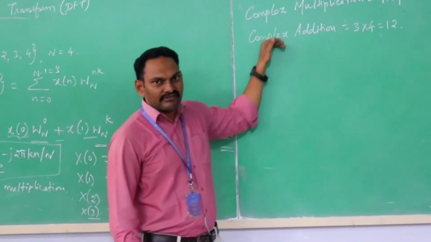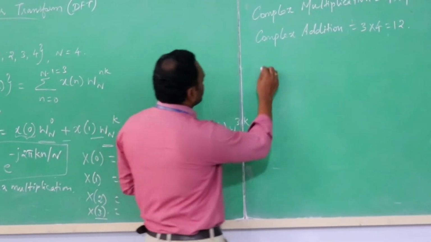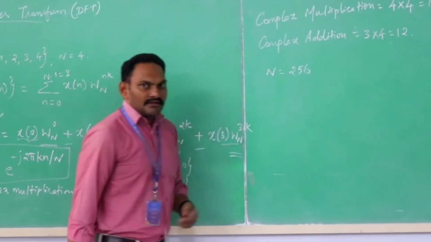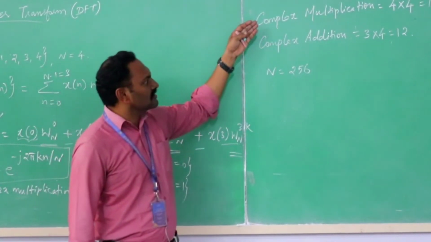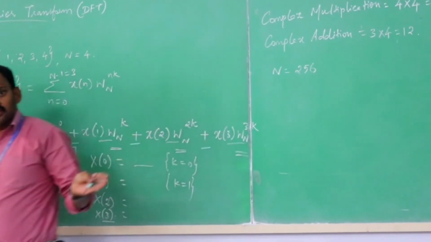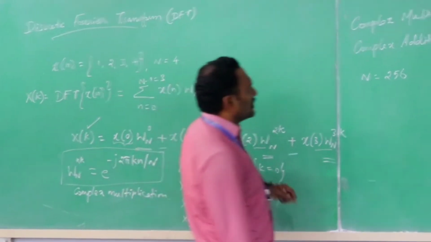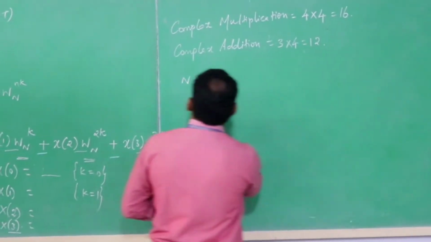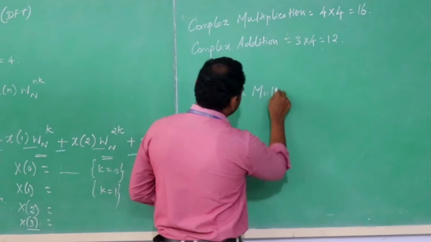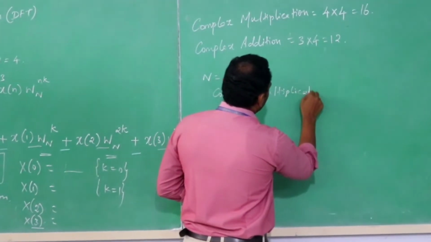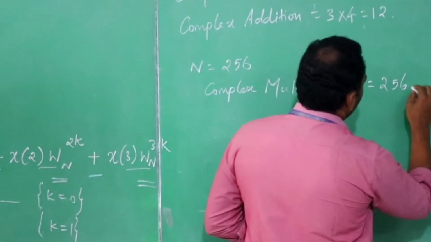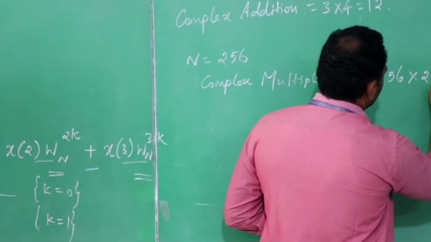Let us assume that N is equal to 256. How about the complex multiplication and the complex addition? It will be unimaginable: 256 into 256. The complex multiplications required to solve 256 values means 256 into 256.